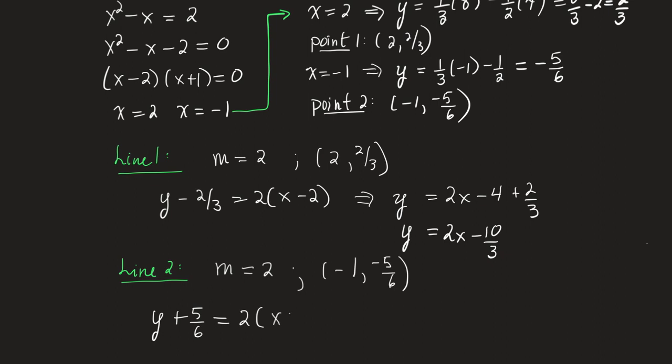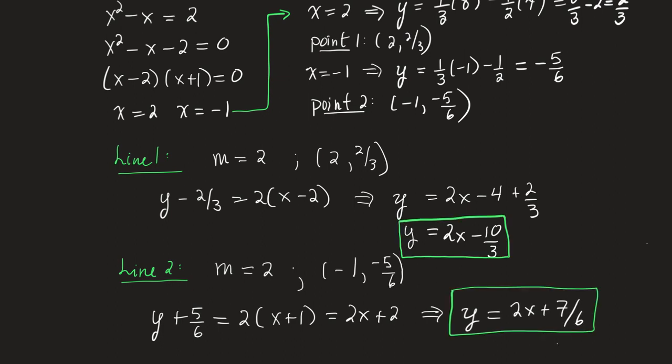So 2 times x plus 1, which is 2x plus 2. So for the second equation, y is equal to 2x plus 2 minus 5/6, which is 2x plus 7/6. So those are the equations for the tangent lines to the curve that have slope equal to 2.